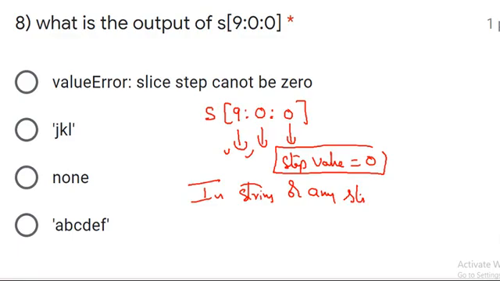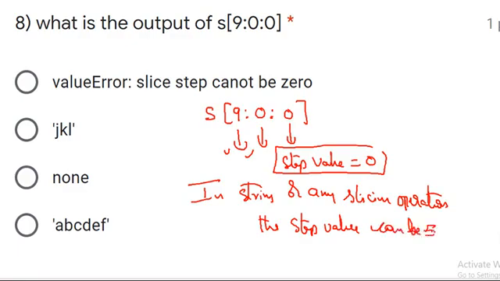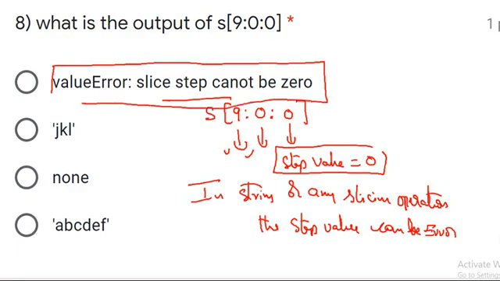In any slicing operation, the step value cannot be 0. So immediately it shows a value error. So what is the option for this? The option is that the step value cannot be 0.